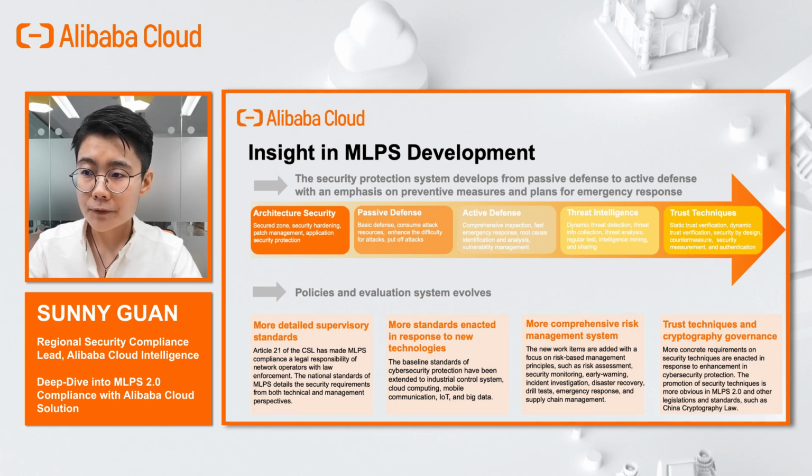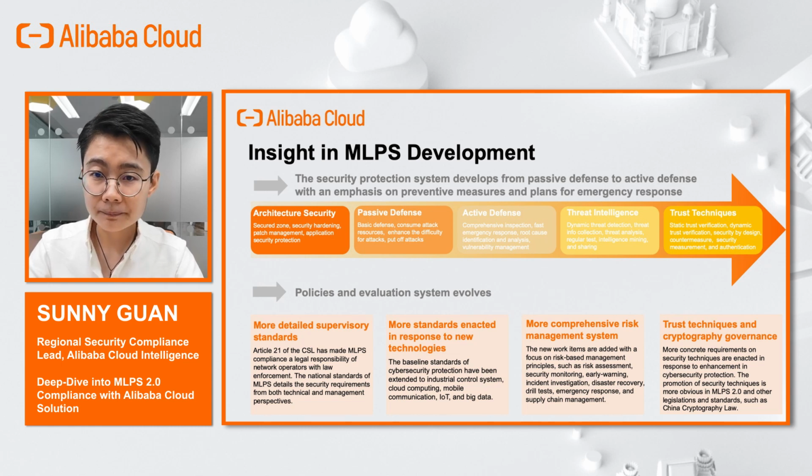Last but not least, to facilitate the implementation of the technical cybersecurity requirements, more corresponding legislation, national standards, and guidelines have been enacted, such as those over cryptography and encryption.